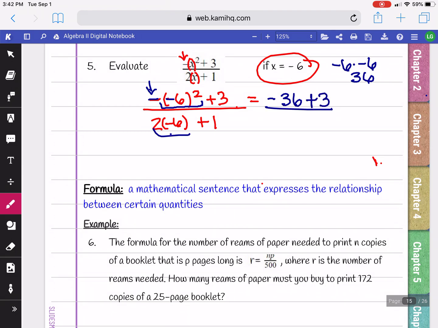On the bottom, 2 times -6 is -12. Now if we simplify, -36 plus 3 is -33, and -12 plus 1 is -11. At the end, you can divide. -33 divided by -11 is +3.